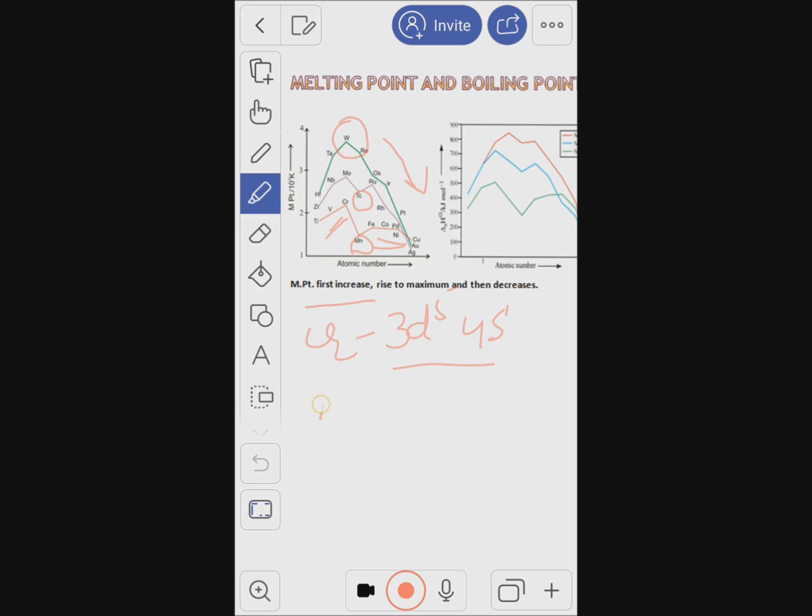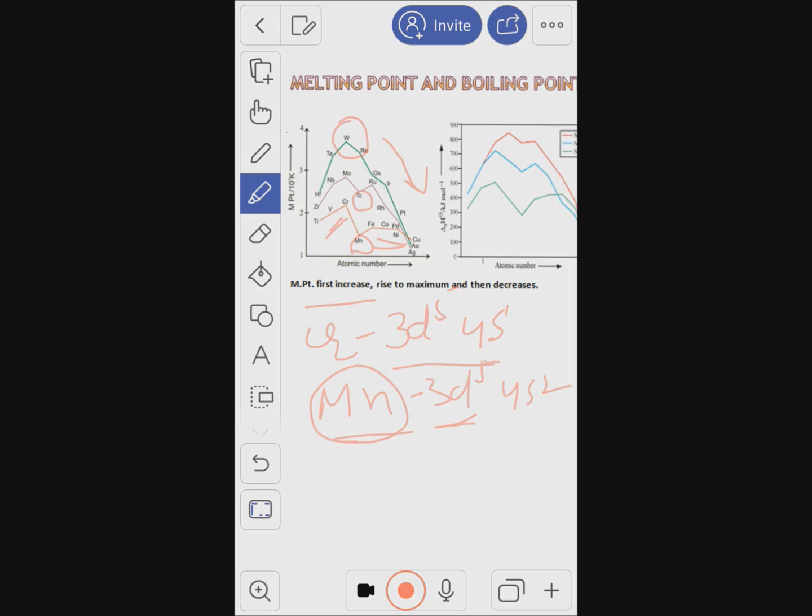But in case of manganese, it also has 3d5 and 4s2 electrons. Due to this exactly half-filled configuration, manganese has a tight hold over these electrons and they are less delocalized and they form a weak metallic bond.